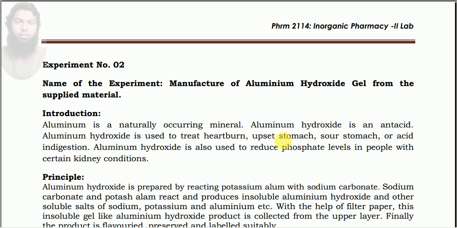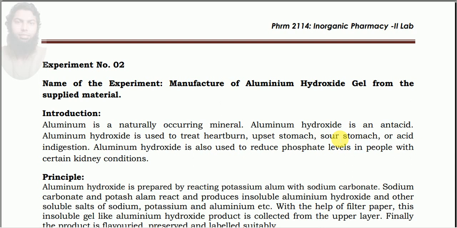And finally, it is used for the treatment of acid indigestion. Acid indigestion is also known as dyspepsia, and dyspepsia is the term that describes the discomfort or pain in the upper abdomen. Although it is not a disease, it is a term that refers to a group of symptoms that often include bloating, discomfort, nausea, and burping.